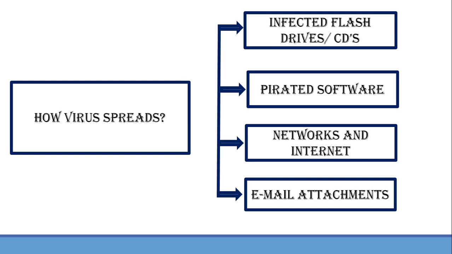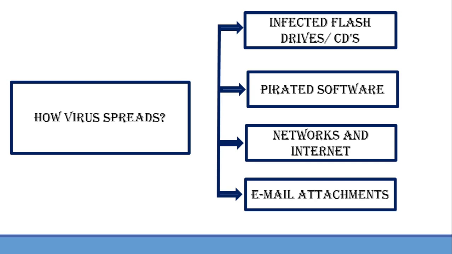When we insert an infected flash drive in the USB port and open it, the virus starts activating, and notable changes will appear in our computer system. The only way to properly clean such an infected medium is to perform a low level format if possible. So this is how, if we use an infected flash drive or CD, the virus may get into the other computer.